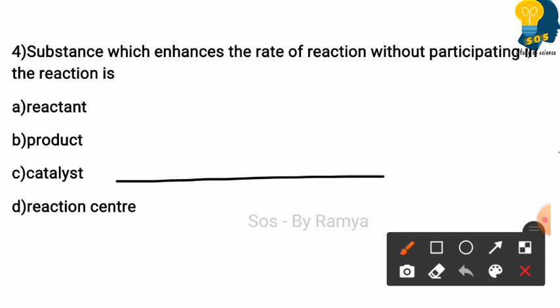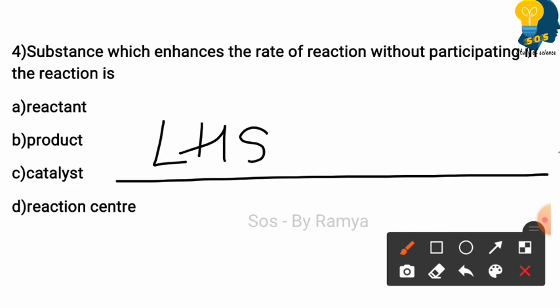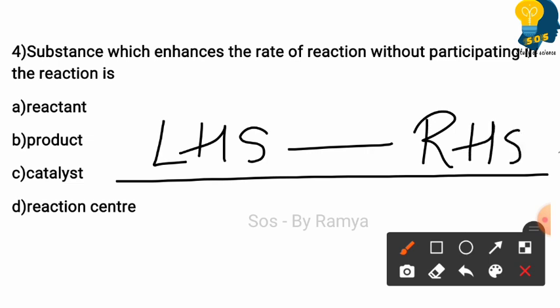See, when we write a chemical reaction, we have LHS, left hand side, some molecular formula, and right hand side some molecular formula. Whatever is present on the left hand side, we call it reactant, and whatever we get on the right hand side, we call it product. So here product and reactant are not the answer.